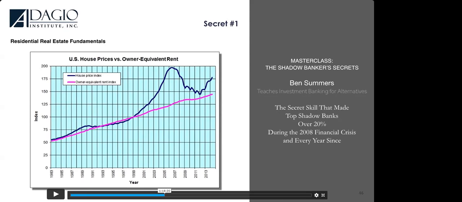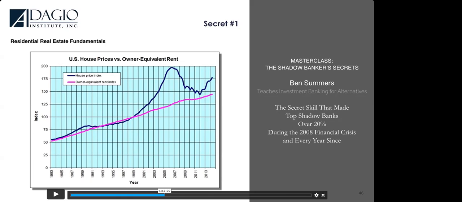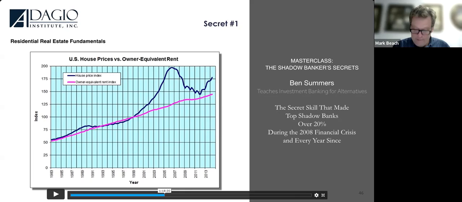Mm-hmm. So he's using income multiple. Yes, he is, whereas all the other investment firms are using cap rates, right? Right. Mhm.